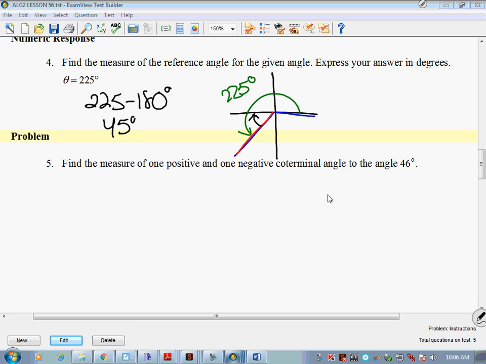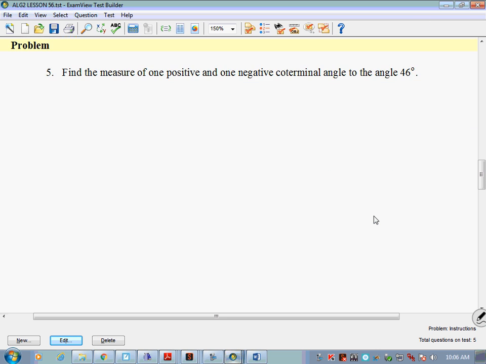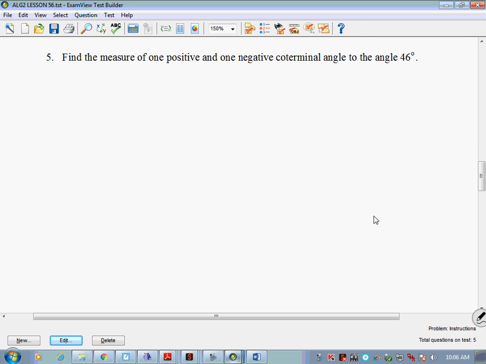Number 5. Okay? Find the measure of one positive and one negative coterminal angle with 46 degrees. Okay? So if I've got my initial side, which quadrant is 46 degrees going to be in? The first quadrant.